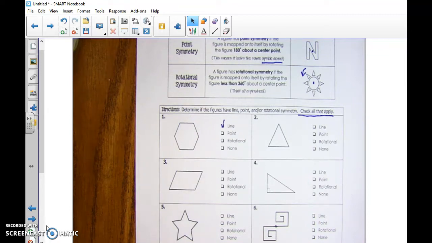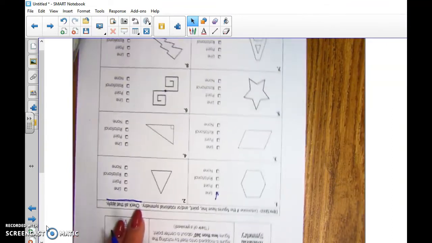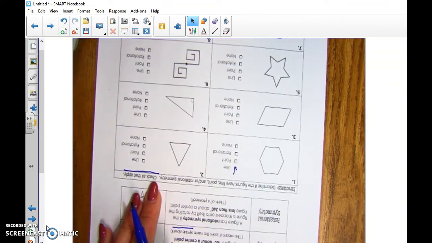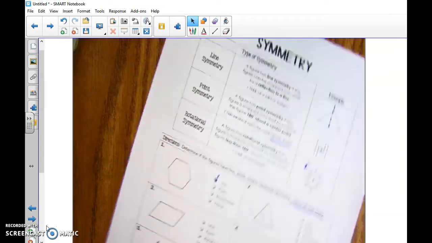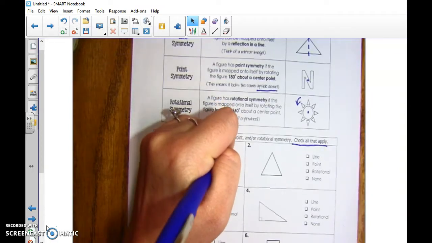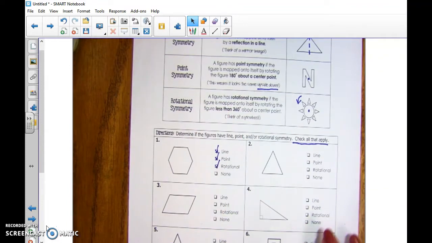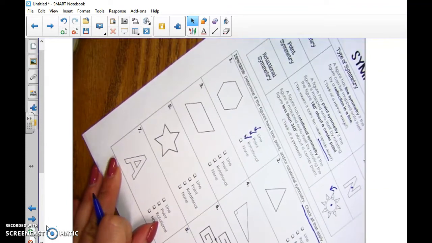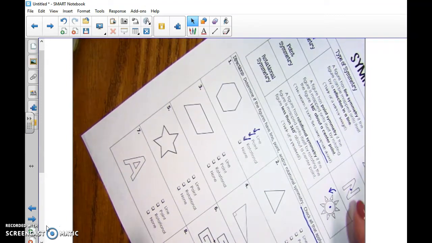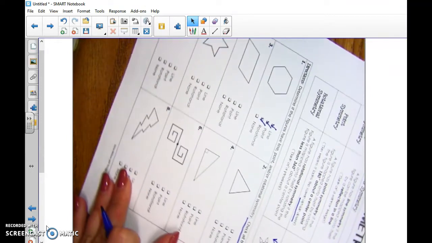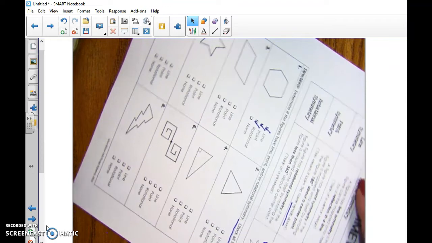Okay, then we can also have point symmetry, because if we turn it 180 degrees, it's still going to look the same. Okay, then we can also have rotational symmetry as well. Okay, because if we turn it this way, it looks the same. Turn it this way, looks the same. All right.